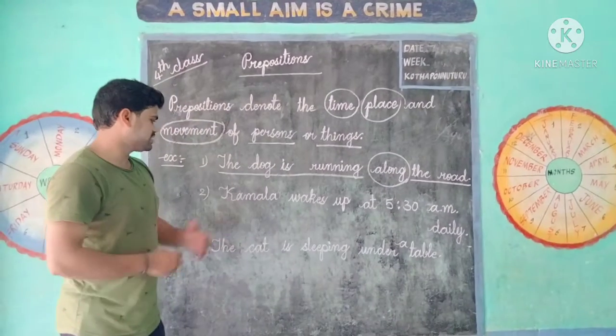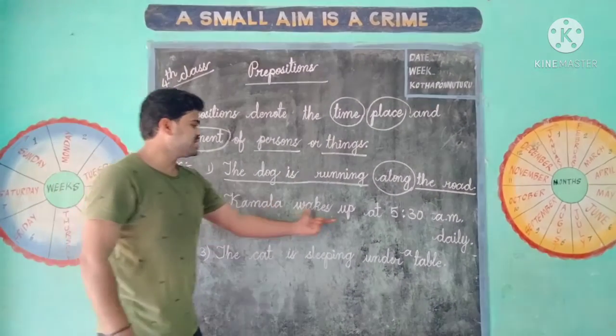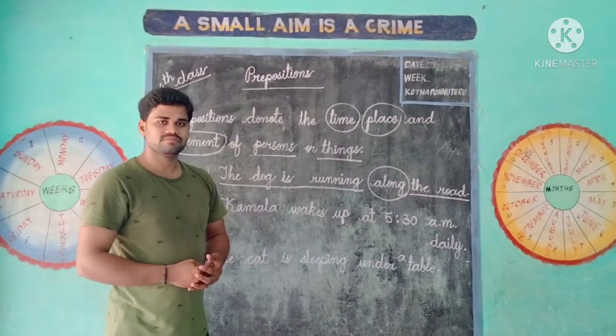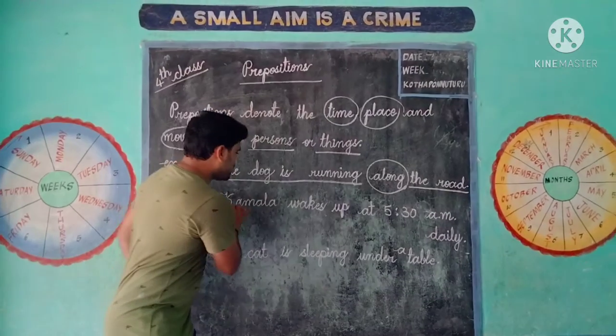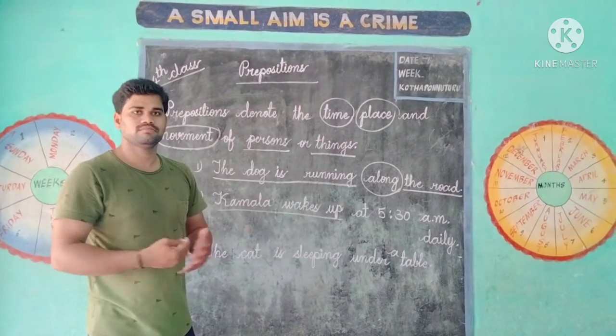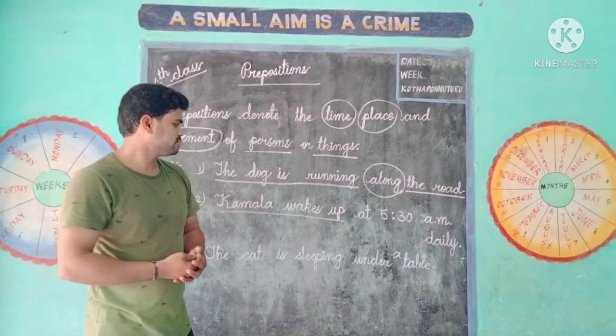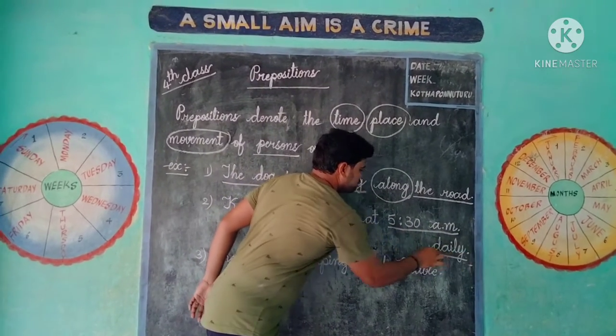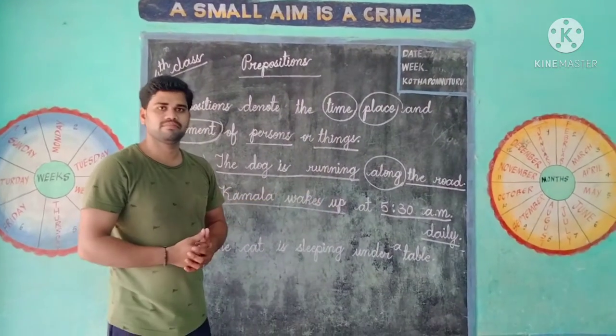Next, the second sentence. Kamala wakes up at 5:30 a.m. daily. Here, Kamala wakes up. Yes, it's a regular action. 5:30 a.m. daily is the time.